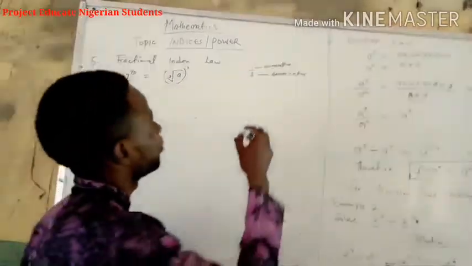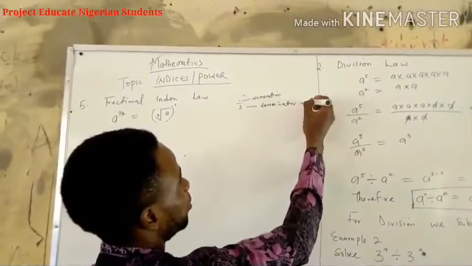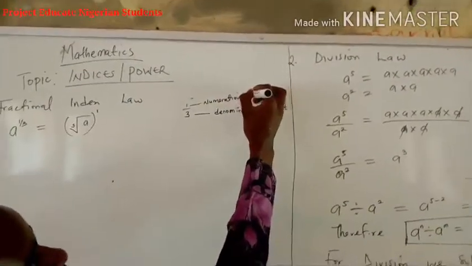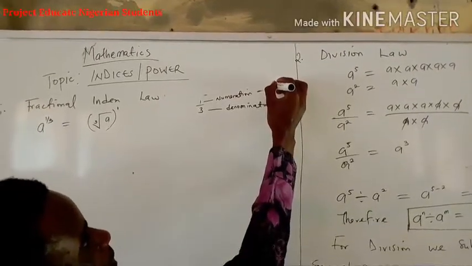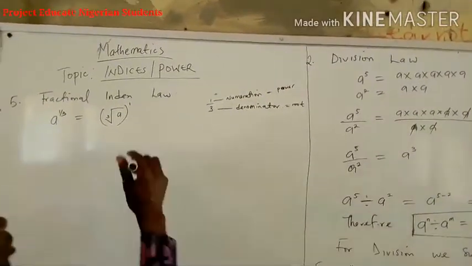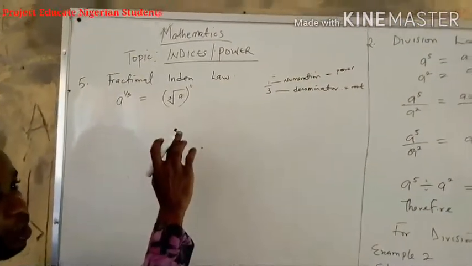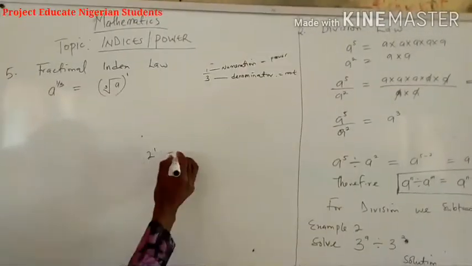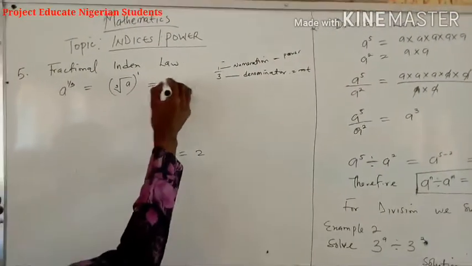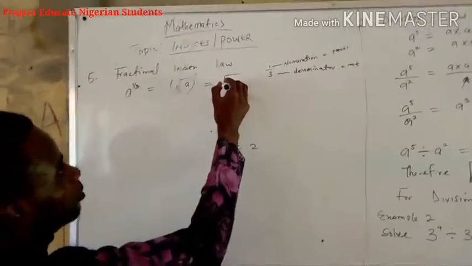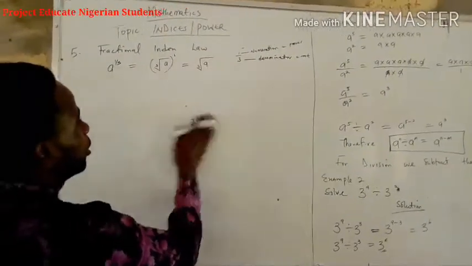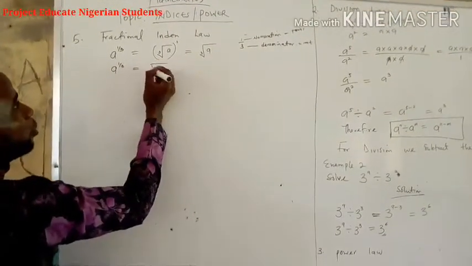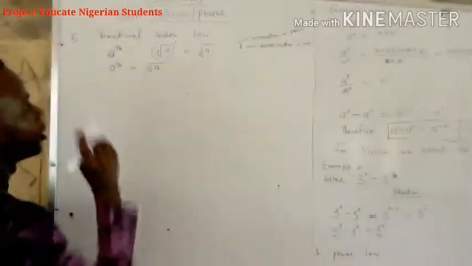So your denominator is the root. Don't worry, I'll write the notes down. Then your numerator comes the power. Okay? So remember, a number raised to the power of 1, still that number. Just like when you have 2 raised to the power of 1. 2 is appearing 1 time, so just put 2. Okay? So what we have is cube root of a. Okay? So it means a raised to the power of 1 all over 3 equals to cube root of a.